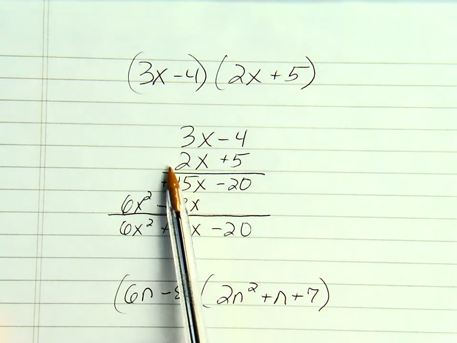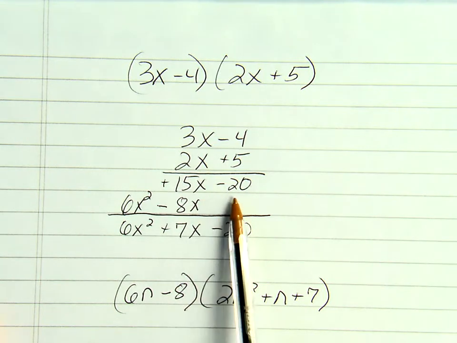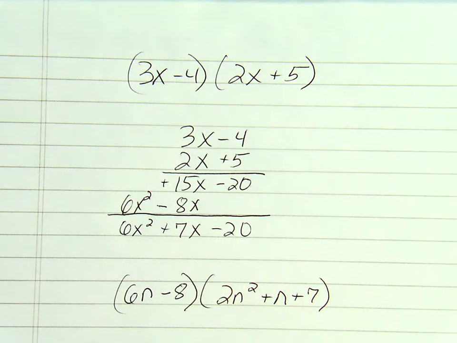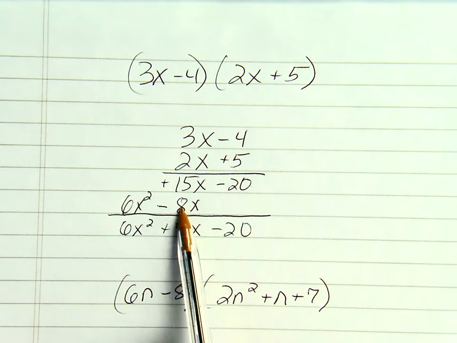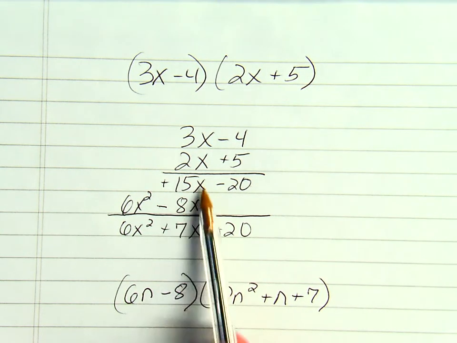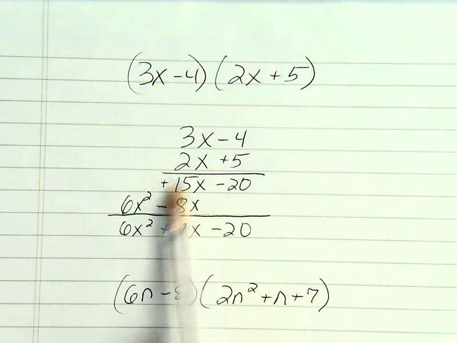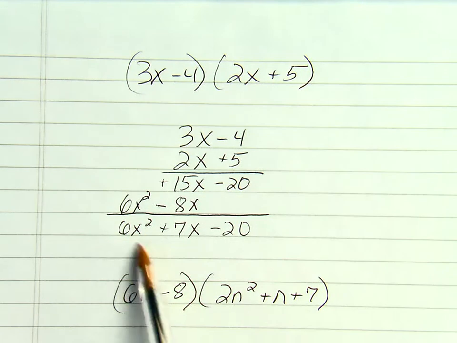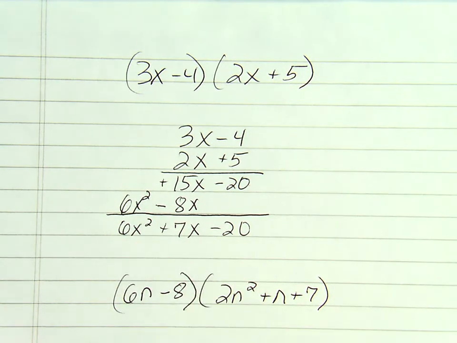Now when I go to my next monomial here, I shift in so that all of my terms will be in the proper place. So 2x times negative 4 gives me the negative 8x. Notice that these are like terms here. And then 2x times the 3x is the 6x squared. When you combine these two, you end up with the 6x squared plus 7x minus 20.